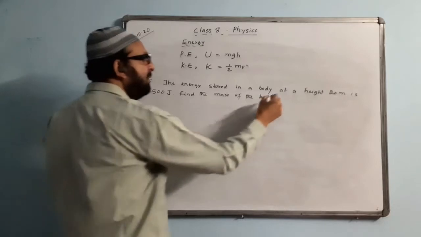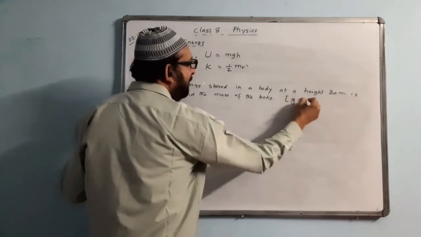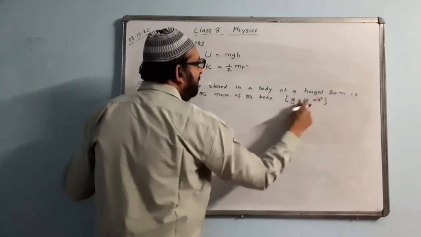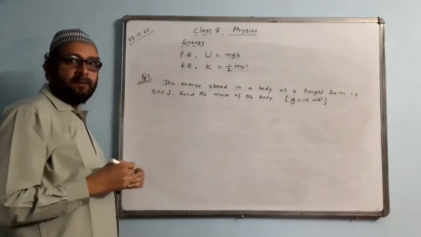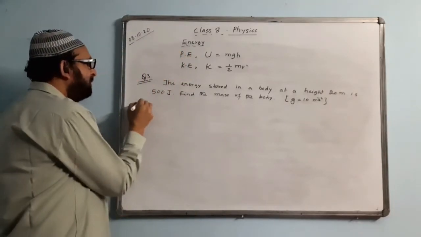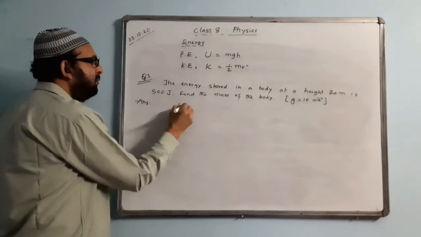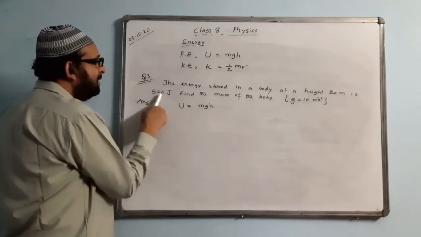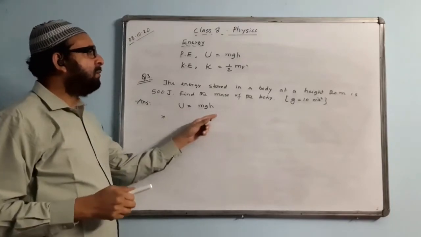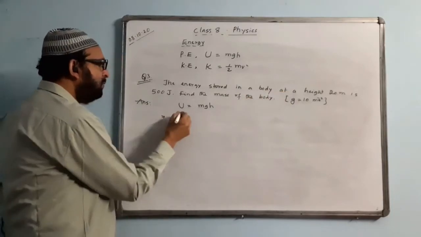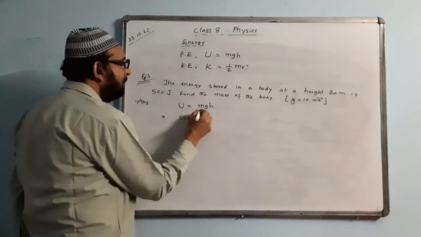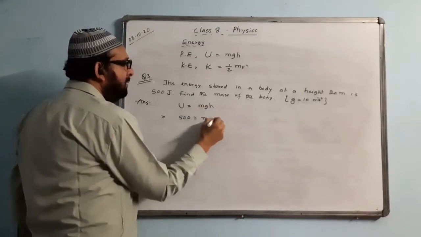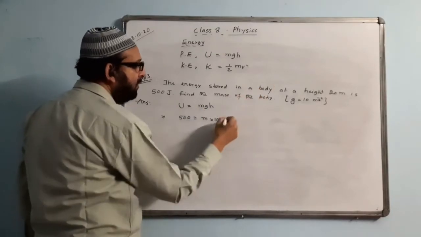That is the question. The value of G will be given in the question, and it may be given as 9.8. Now we find the answer. U is equal to mgh. Energy is given here. Why do we use this formula? Because height is given. U value is 500. Mass is unknown. G is 10 and height is also given, 20.